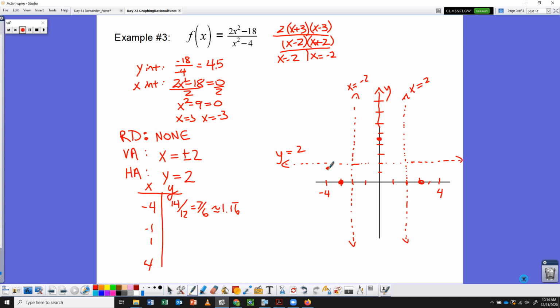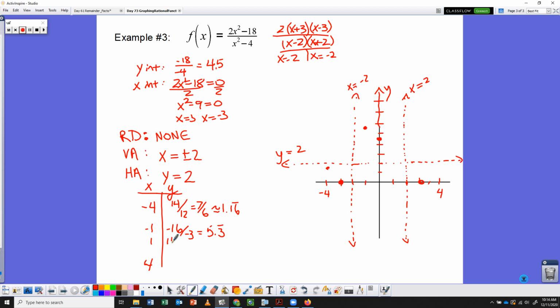When x is negative 1, we're going to get negative 1 squared, which is 1, times 2 minus 18, which gives me negative 16. And the bottom part of the fraction is going to be negative 1 squared, which is 1, minus 4, which gives me negative 3. This is going to be 5.3 repeating, so 5.3 repeating is about here. Okay, when I put a positive 1 into this formula, you're going to see that it ends up being the same thing as negative 1 was, because when you square 1, it's the same as squaring negative 1.